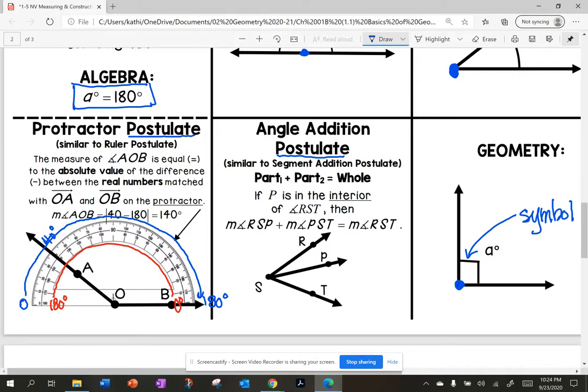If P is on the interior, so that's on the inside of angle RST, then the measure of angle RSP, here's angle RSP, plus the measure of angle PST equals the whole thing. So this is from RST, the whole thing. Okay, that's the end.